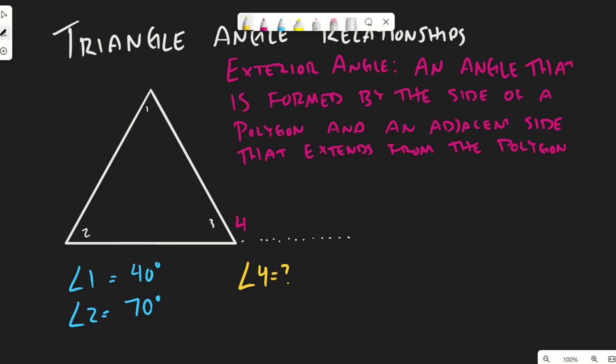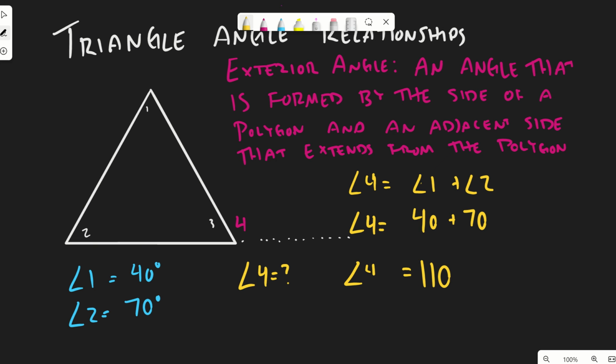Well, remember, angle 4 equals angle 1 plus angle 2. So 40 plus 70 is 110. Angle 4 must equal 110. And if angle 4 equals 110, what does angle 3 equal?